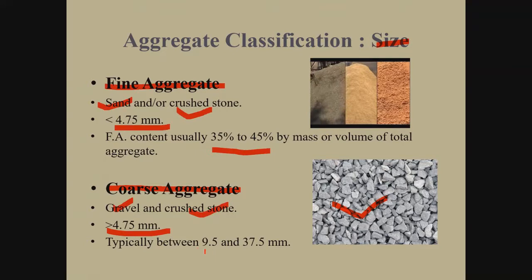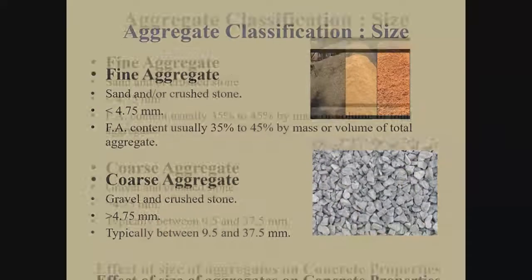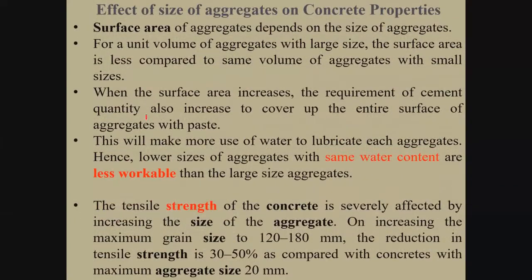Typically sizes between 9.5 mm to 37.5 mm are known as coarse aggregates. Now, the effect of size of aggregates on different concrete properties like workability, strength, and economy.